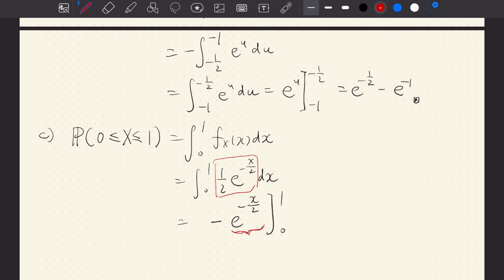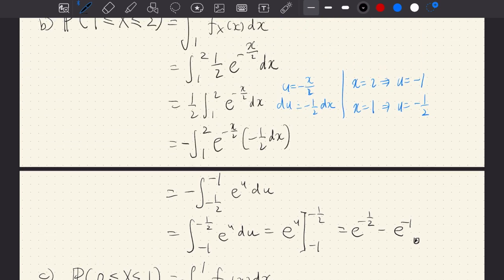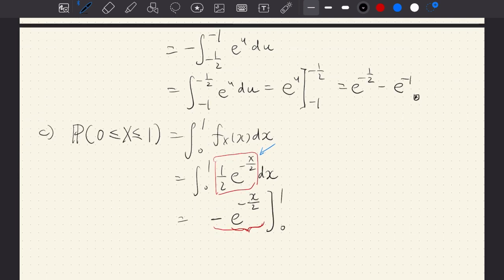So we know that actually we want 1/2, not negative 1/2, as a constant before the exponential function. So we add a negative sign here, so the whole thing differentiates to our desired integrand. Okay. Both approaches work. The previous approach using u is more rigorous, but the second approach here is faster.